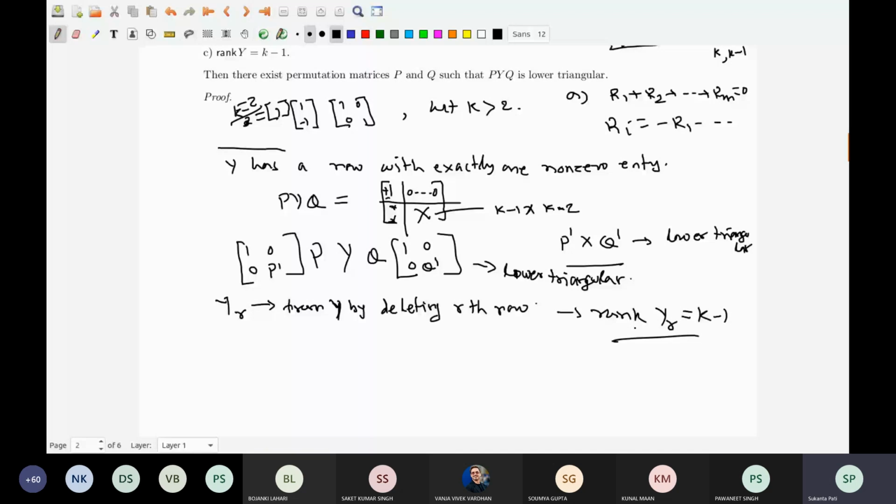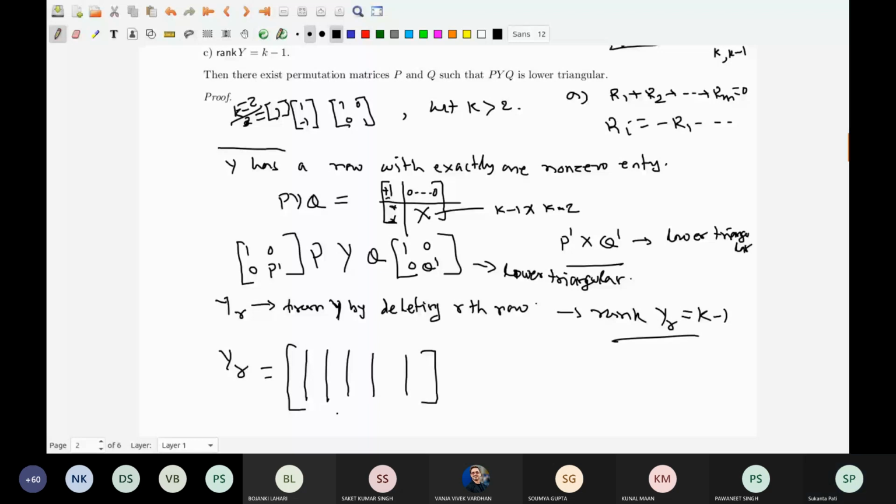Now, because it is invertible, I claim something about the columns of YR. Is it possible that each column has a 1 and a minus 1? No. If every column has exactly one 1 and one minus 1, then the sum of each column will be 0. Then YR will be singular, because the sum of the rows will be 0.